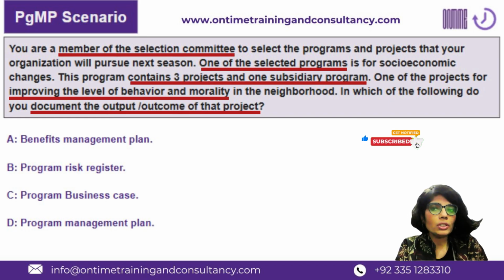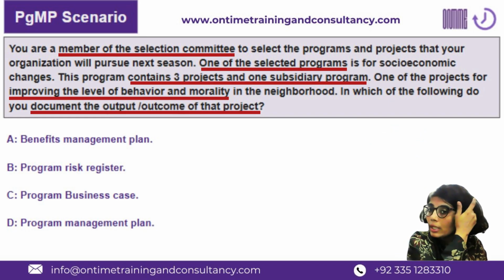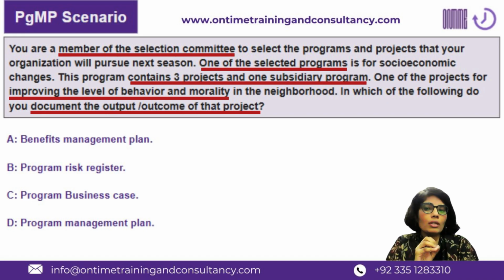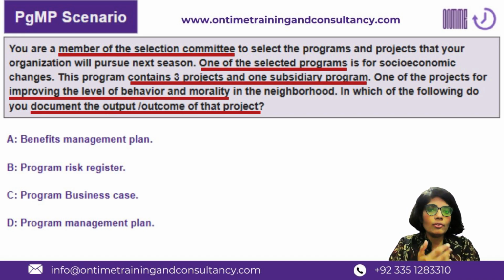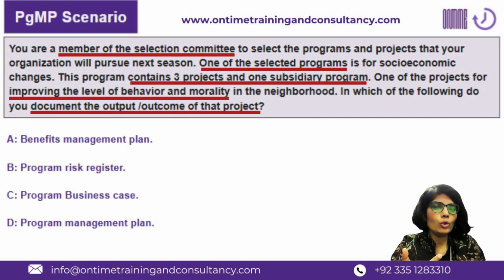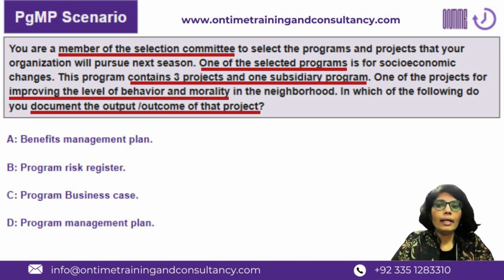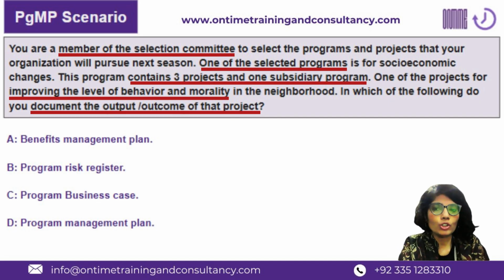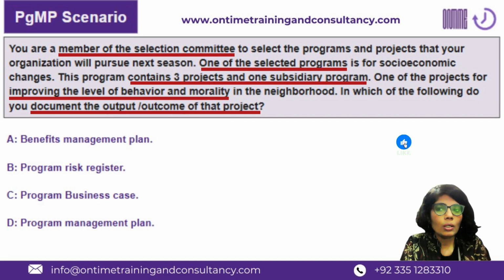You need to first understand which phase of the program you are currently studying. This is about the outcomes of a selection committee meeting, which usually works at a portfolio or organizational level. The result of one such meeting is a program which has been selected.